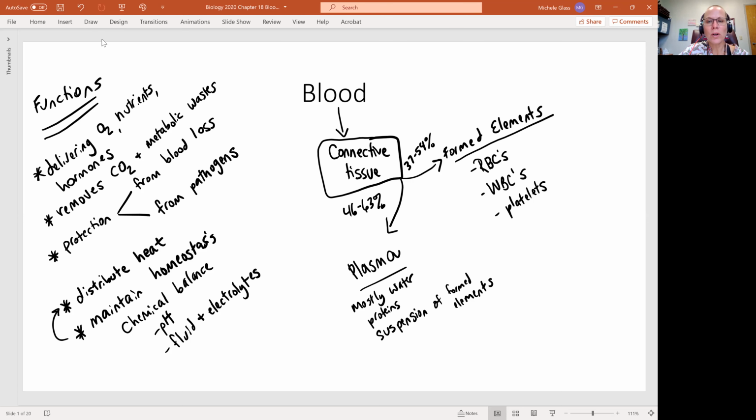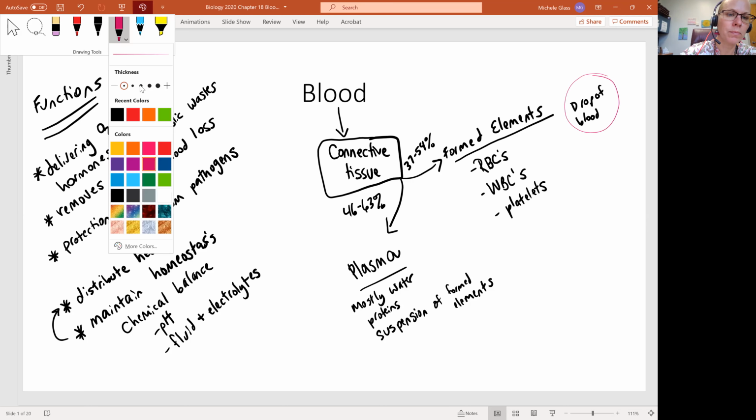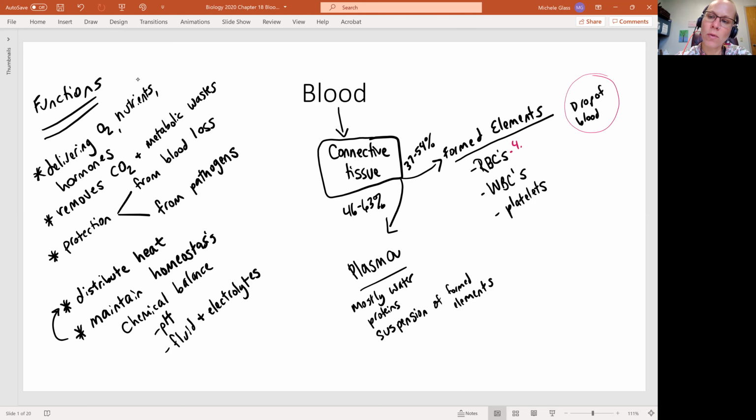Now, if you were to collect a drop of blood, I'm going to put it over here. So we're going to do a drop of blood in this kind of pinkish color. And if you were to have a drop of blood, you would see about 4.8 to about 5.4 million red blood cells in that drop of blood.